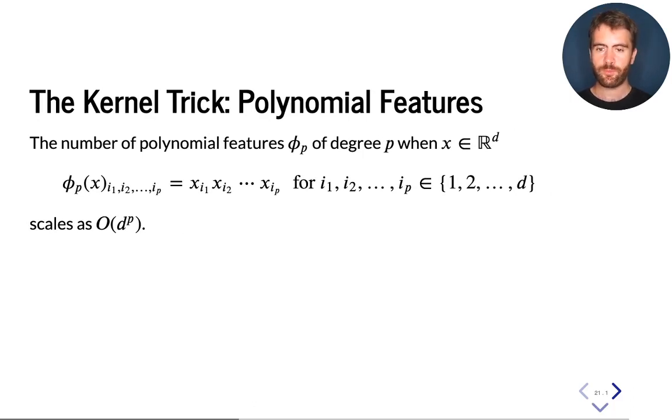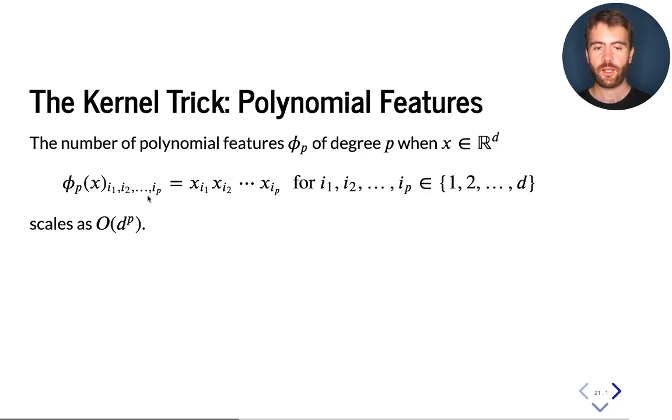Here's another example. Suppose that instead of having polynomial features of degree 2, we have polynomial features of an arbitrary degree p. So now my vector of features phi has a length of d to the power p, and each component of phi can be indexed by p numbers, i1, i2, up to ip, and each of these indices is simply an index within the space of components that go from 1 to d.